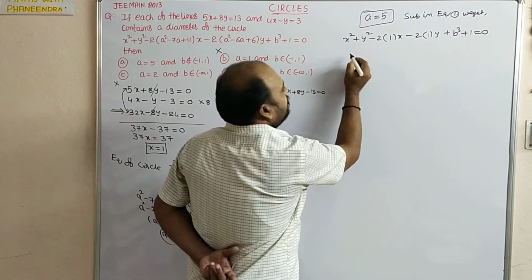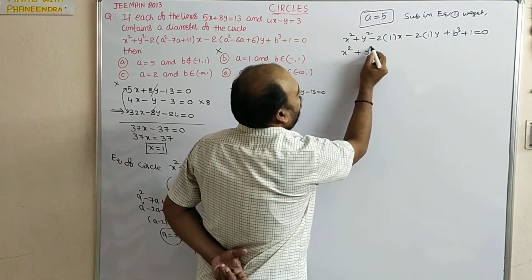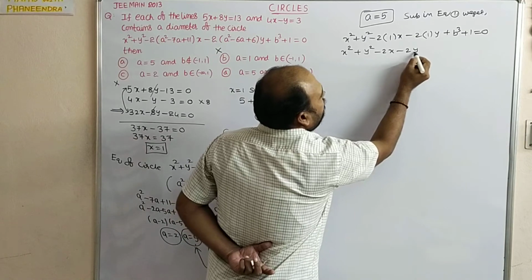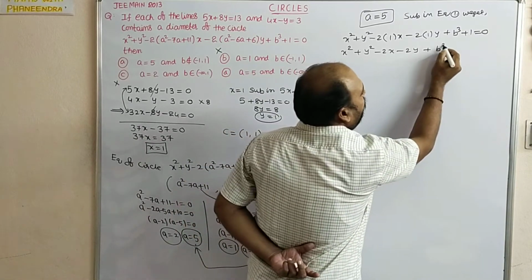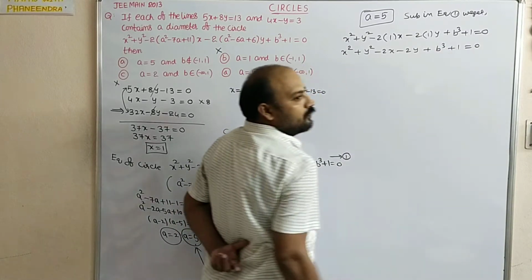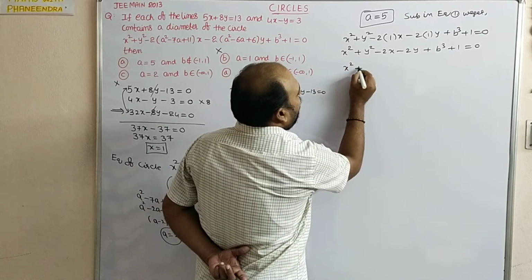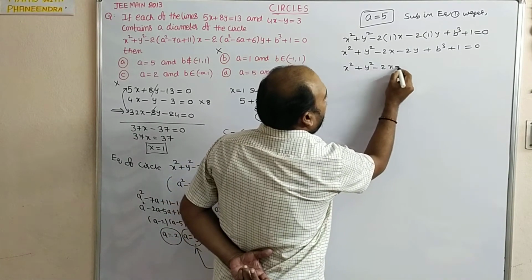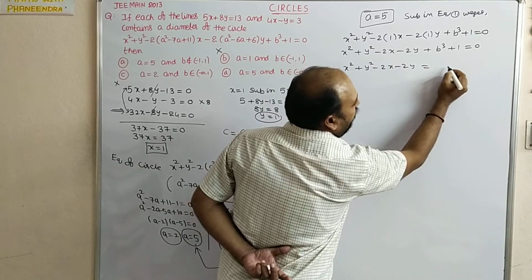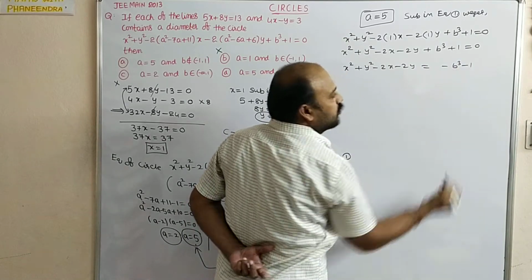So now it becomes x square plus y square minus 2x minus 2y plus b cube plus 1 equal to 0. So x square plus y square minus 2x minus 2y equal to minus b cube minus 1.